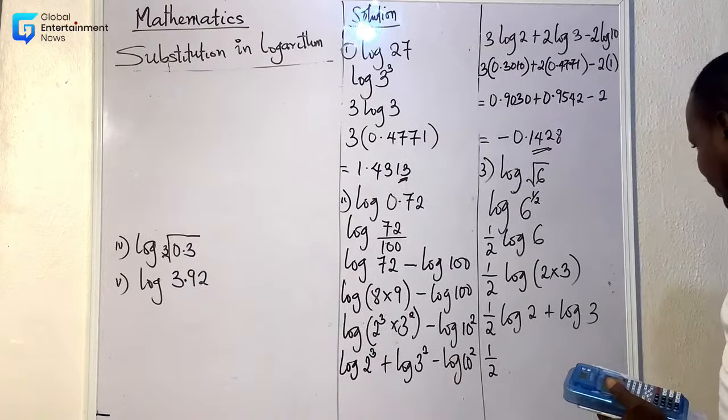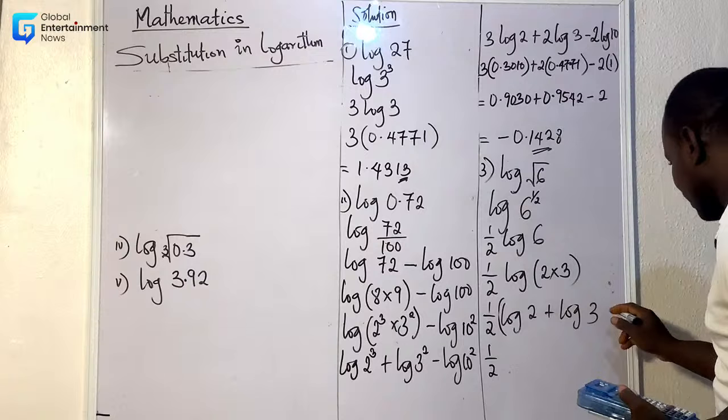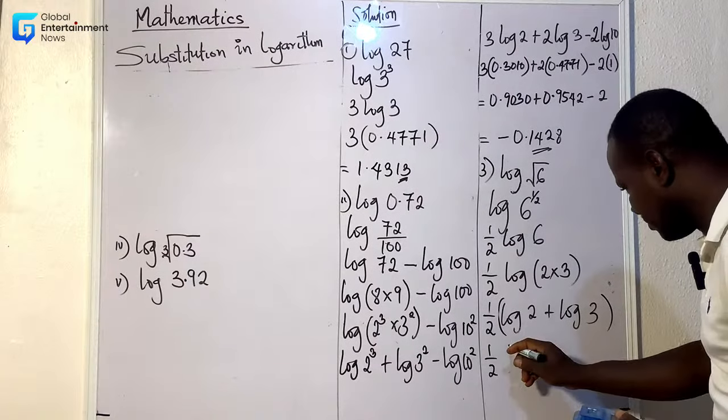You need to be very careful because two of them must be inside the same bracket.